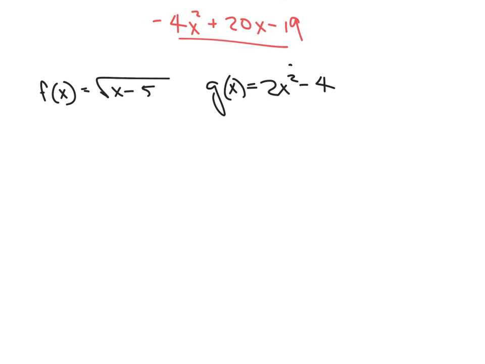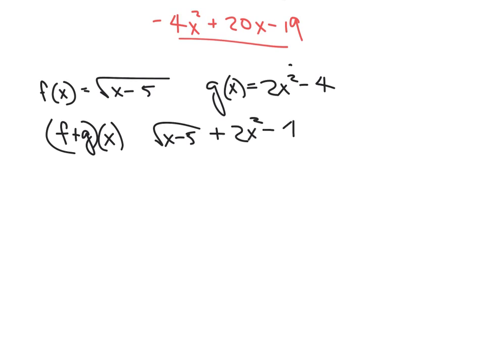Now A and B show some real simple ones, so I'm just going to do A, and then we'll jump down to C because it's a composition. All right, so f plus g. Okay, so you're just adding those, but when you're using a calculator, it's going to give you an actual graph.